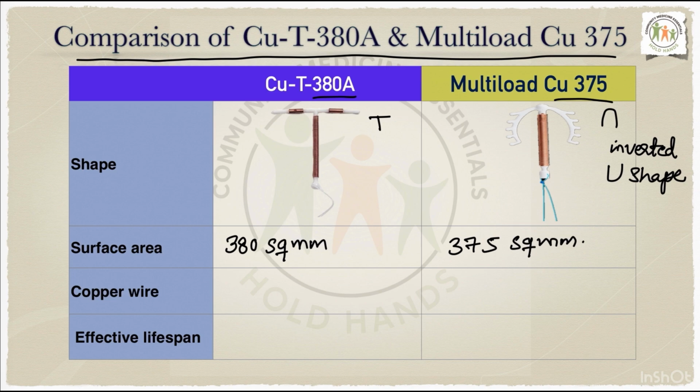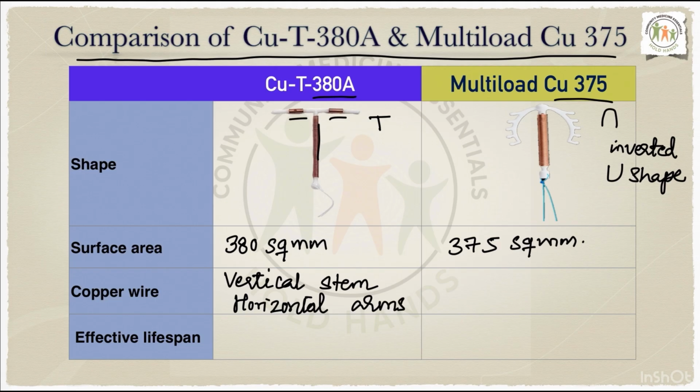Copper wire in copper T380A is present both on vertical stem and horizontal arms. But in multi-load, it is present only on vertical stem.